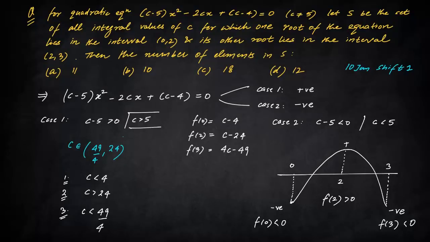And you want the intersection of all of them. If you notice, these two only contradict each other. One of them says c should be less than 4, and one says c should be greater than 24. They are contradictory statements, isn't it? They contradict each other. So if they contradict each other, that is not possible.